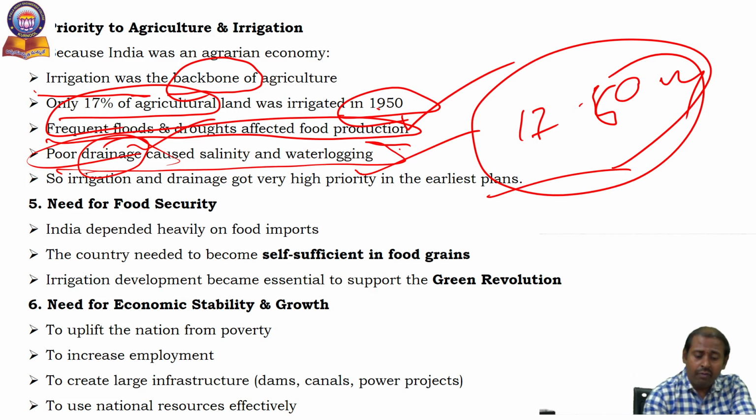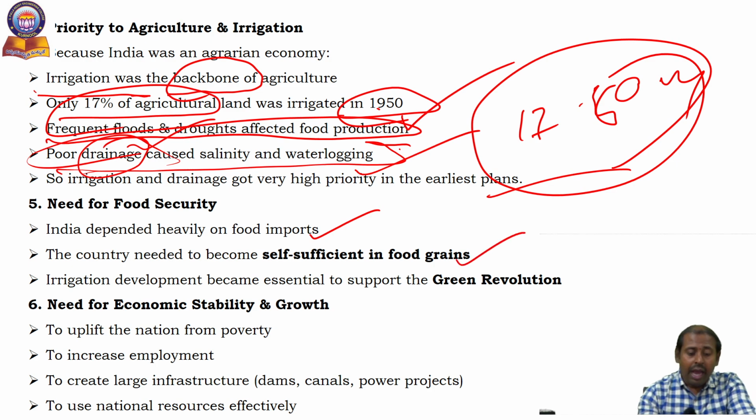Next, the need for food security. India depended heavily on food imports, and the country needed to become self-sufficient in food grains, and irrigation development became essential to support the green revolution.